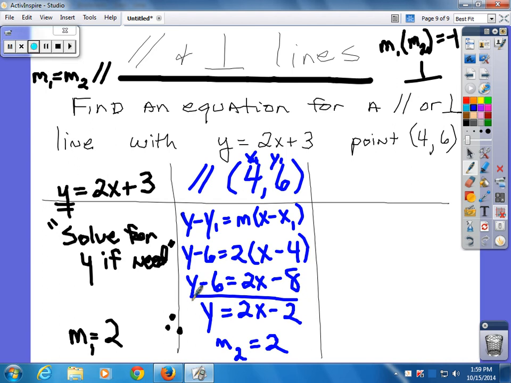And that is your equation for what line? Parallel line to this line.